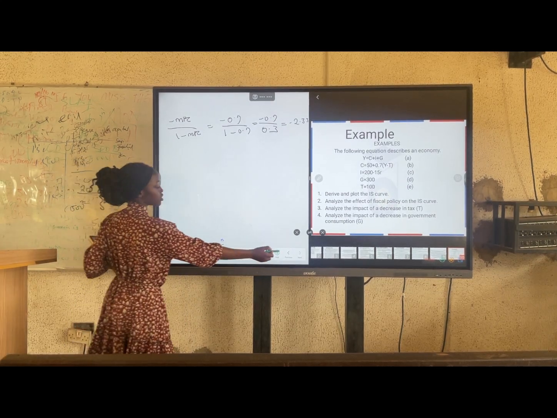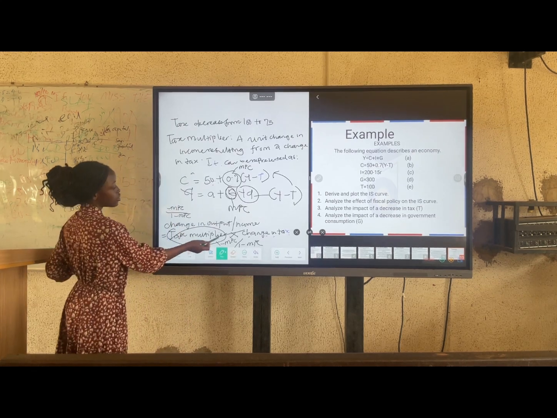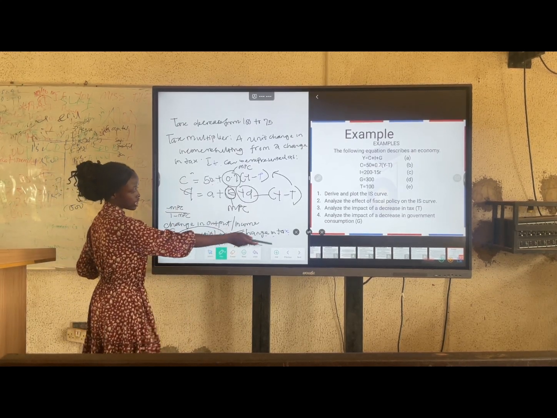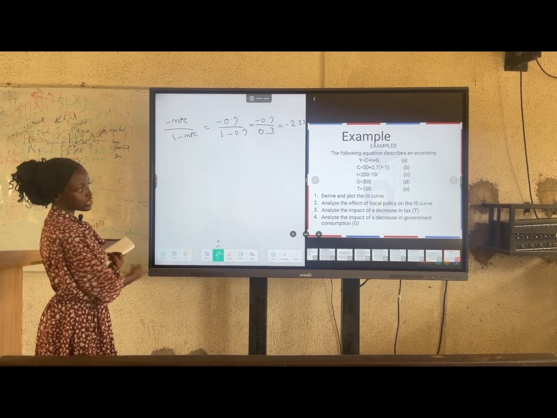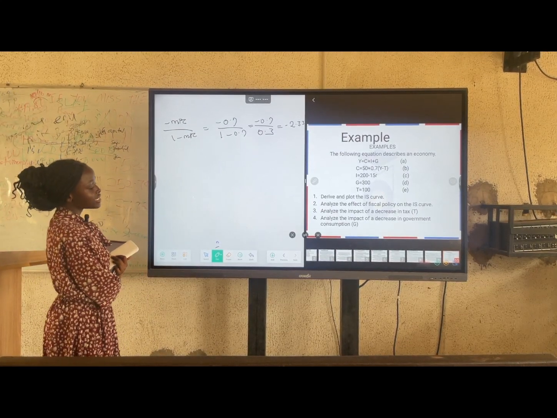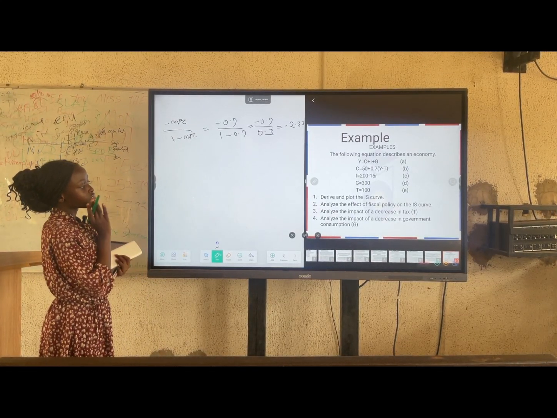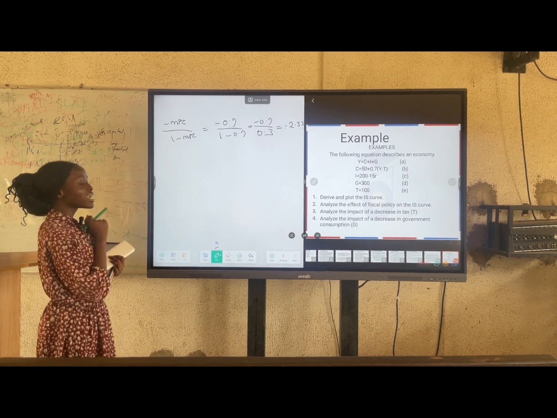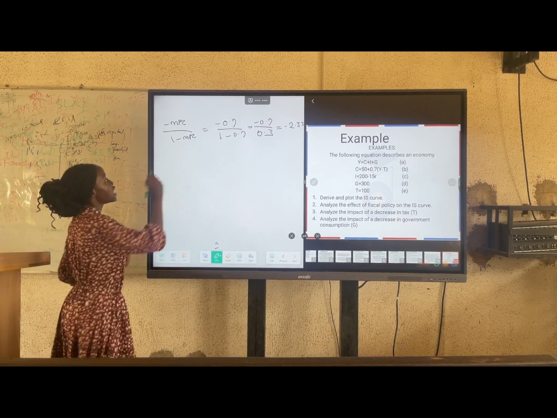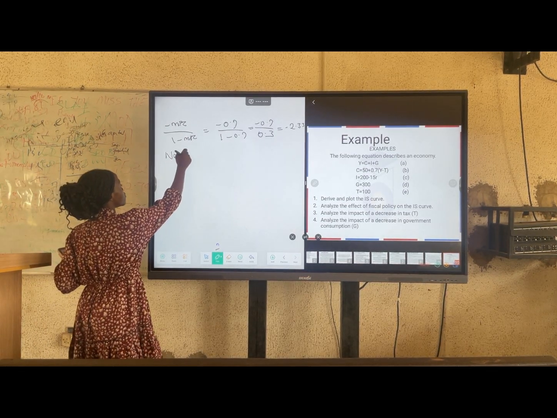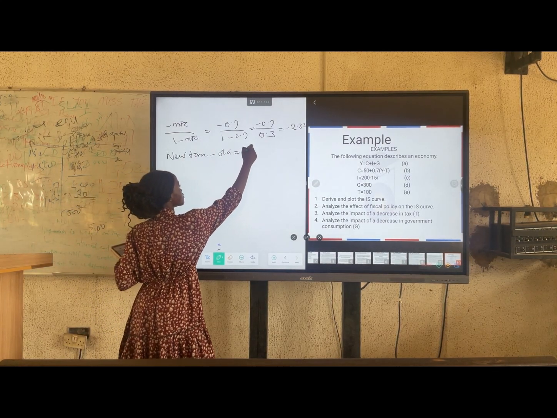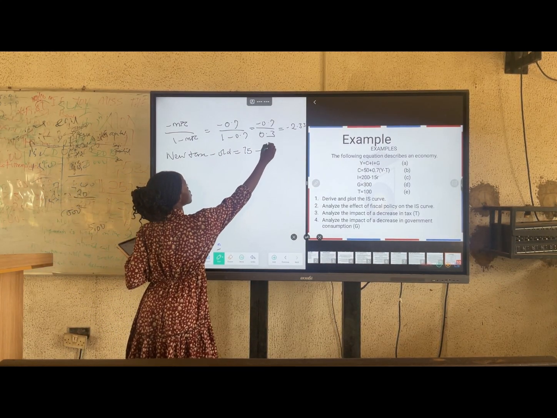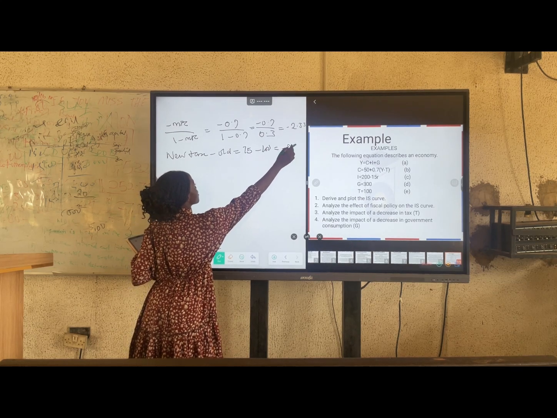Now I'm going to get my change in tax. We have 100 as our tax, then our tax decreases to 75. To get my change in tax, I do new tax minus old tax, which is 75 minus 100, giving us minus 25.